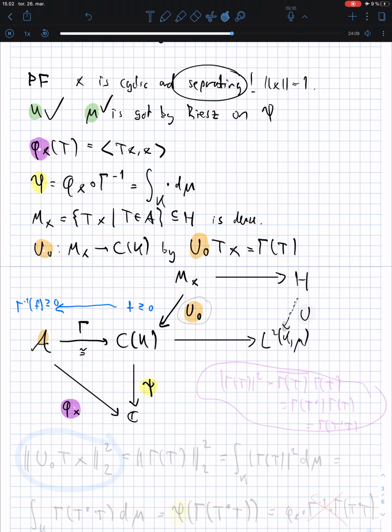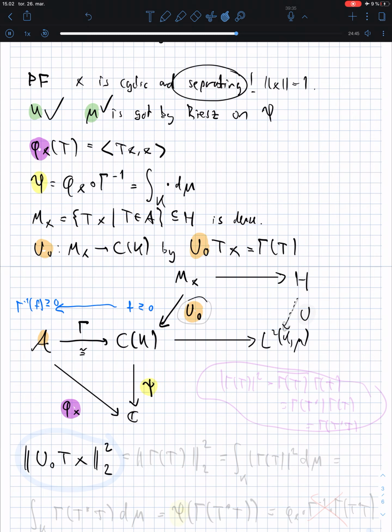To extend it to a bounded operator between the Hilbert spaces, I just need to know that it's bounded, and then I can extend it by the fact that you can always extend any uniformly continuous map, which it would be in this case, automatically. So I really need to see what happens when you apply u naught to Tx, the way that this is defined. What happens to the 2 norm of this vector?